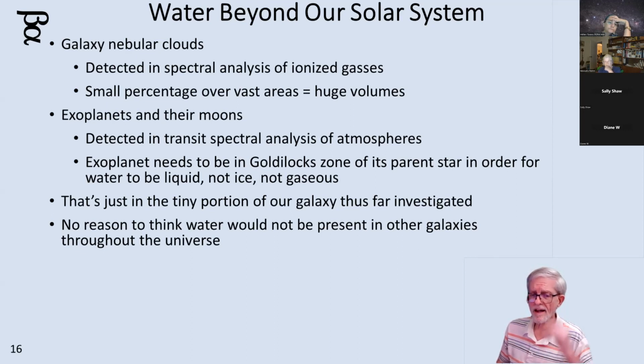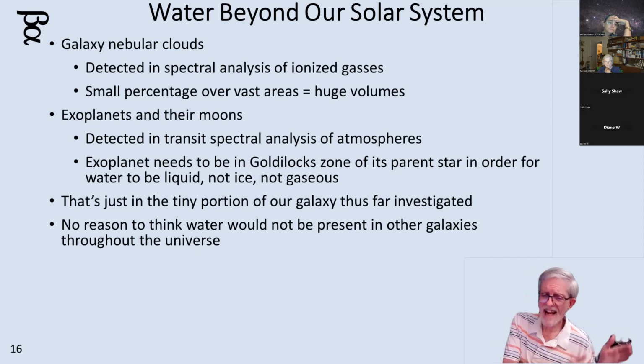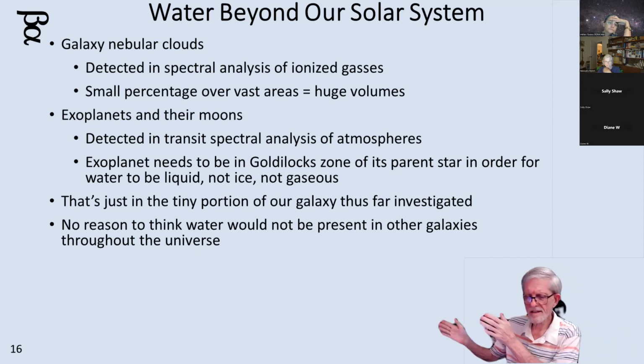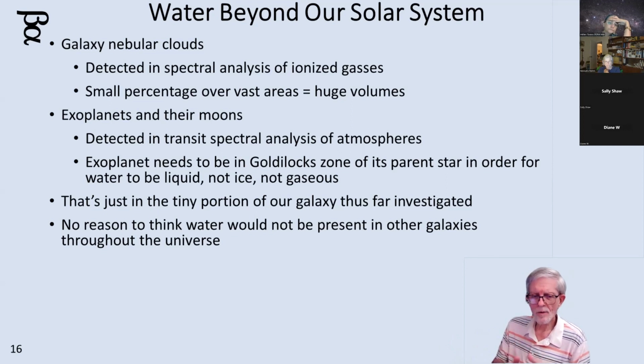And the exoplanet needs to be in what is known as the Goldilocks zone of its parent star in order for the water to be liquid. So it's hot enough to be liquid, not so hot that it's gaseous, and not so cold that it's glaciers or ice. It's liquid. And that's just a tiny portion of the galaxy we've investigated so far.